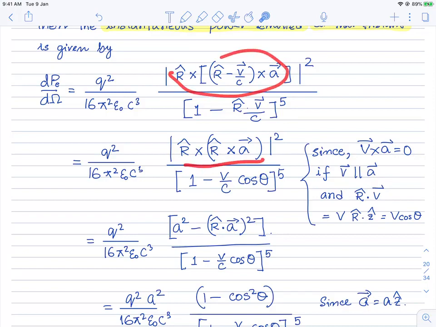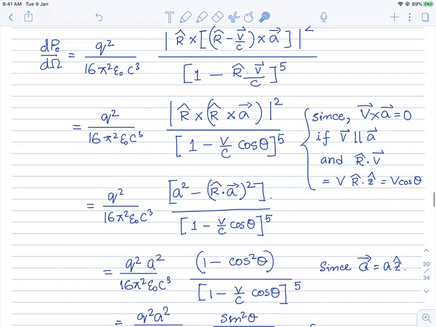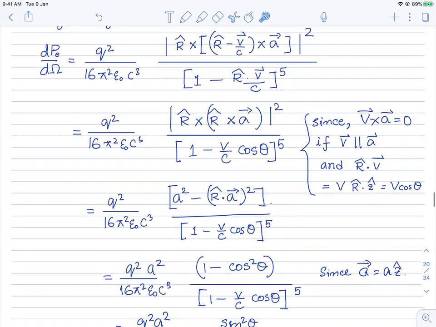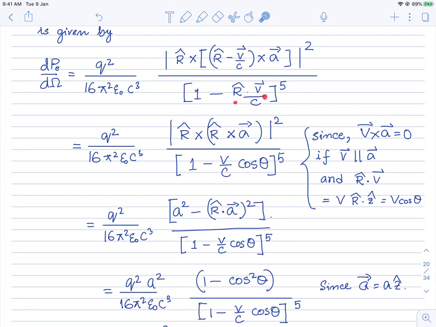In the denominator we have r hat dot v, but v is along the z direction, so r hat dot v is basically cos theta, because r makes an angle of theta with the z axis.